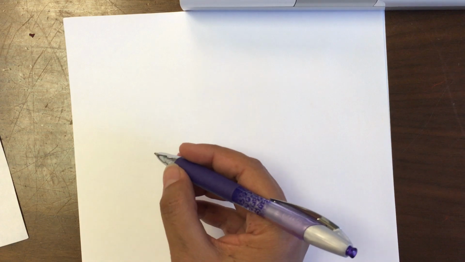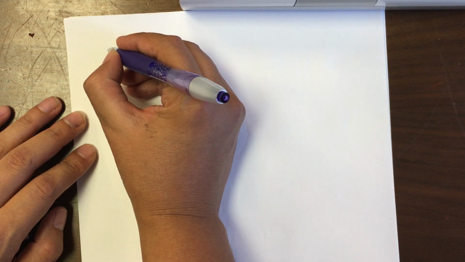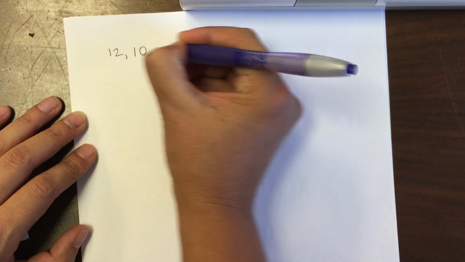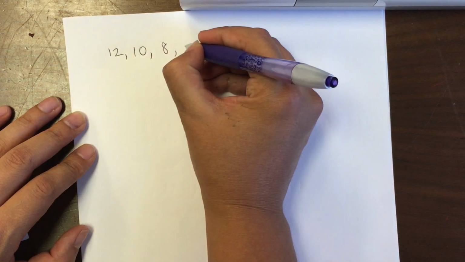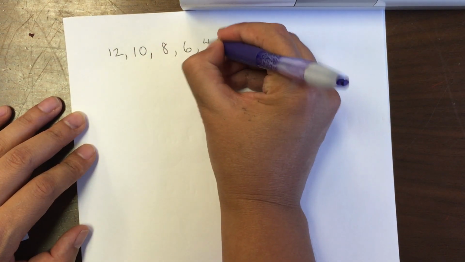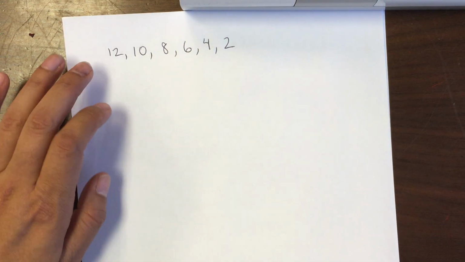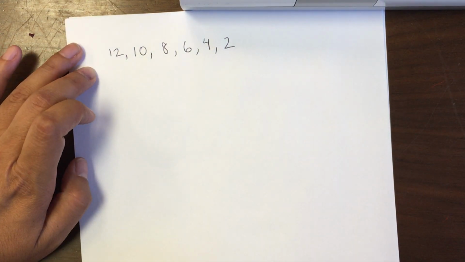Okay, let me give you some more. I have it a little disorganized, so I apologize for that. So it's going to be 12, 10, 8, 6, 4, 2, and so on. So what is the initial point?